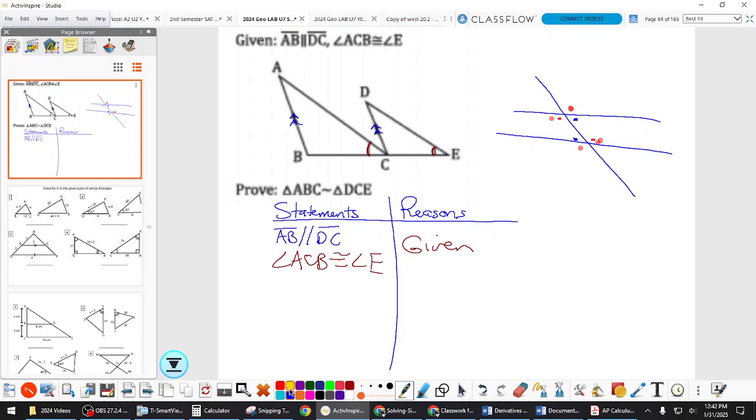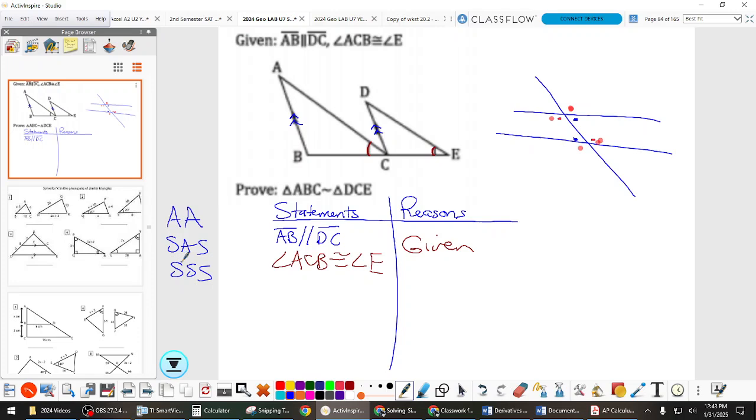Remember, our options for proving similarity were these three only. Two angles congruent, two proportional sides with a congruent angle in between, and three proportional sides. The only way we could do either of the second two is if we were told something about the sides being proportional.